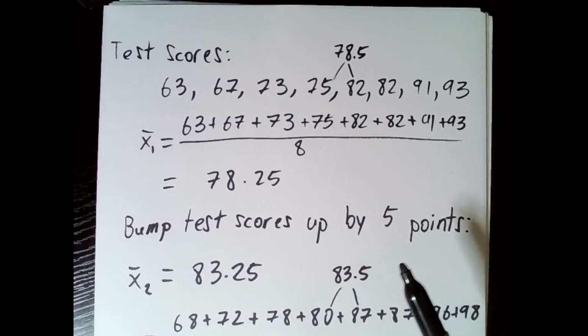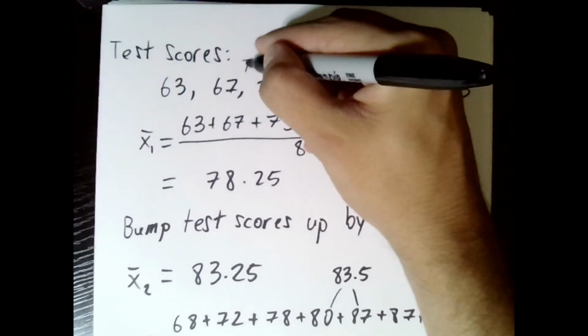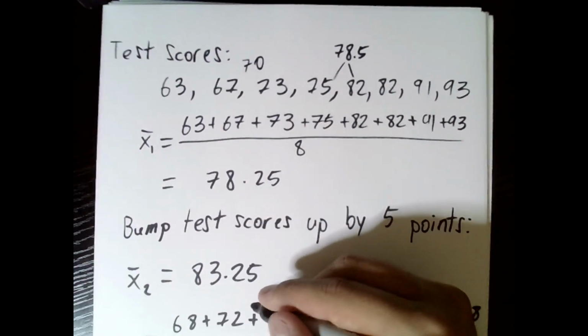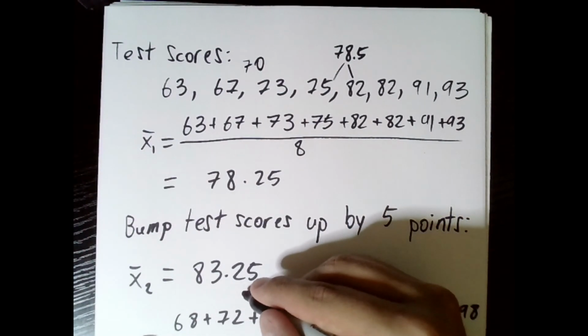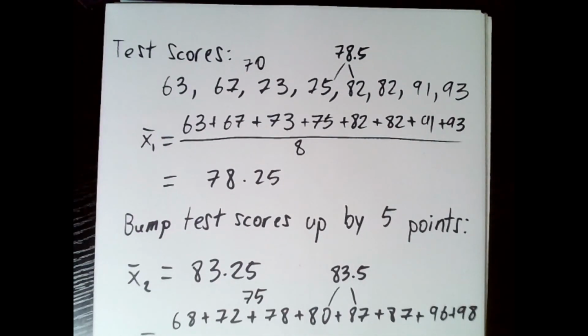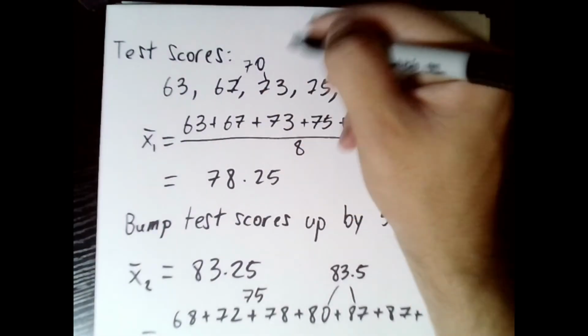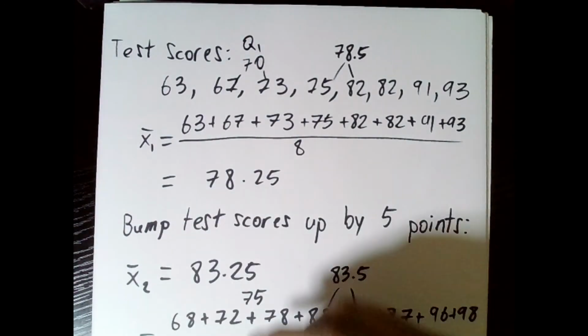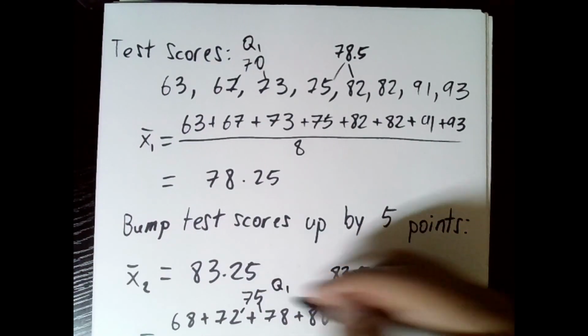It just changes the center, changes measures of location. If you want to take it one step further, look at Q1 and Q3. Q1 over here is going to be 70, the number between 68 and 72 in the original data, and here Q1 is going to be 75, the number between 72 and 78. I'll label this Q1, and this Q1.